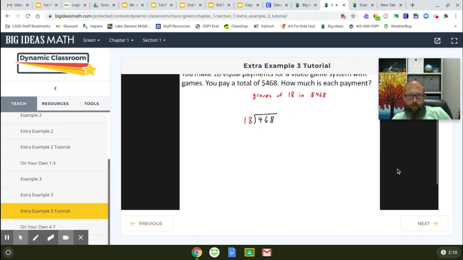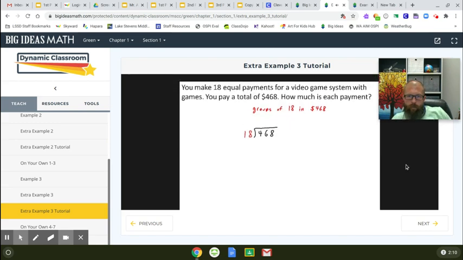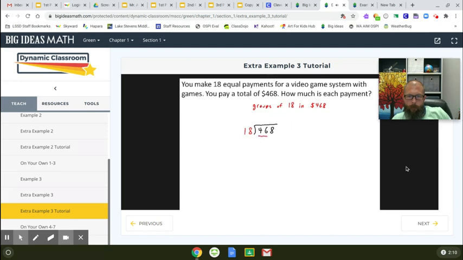Divide 46 by 18. There are 2 groups of 18 in 46. Multiply 2 by 18 and write the result below 46. Then subtract 36 from 46.